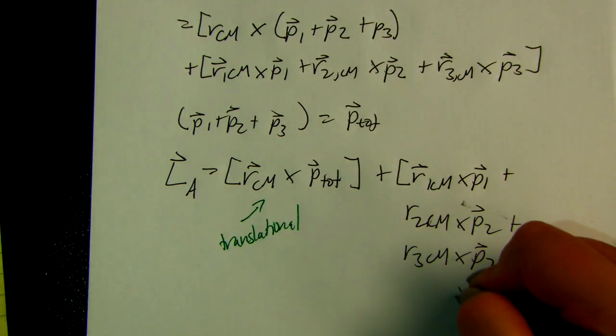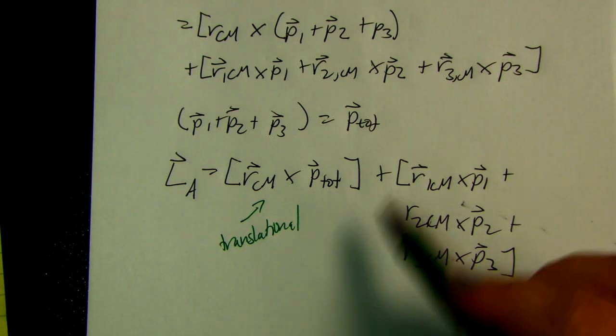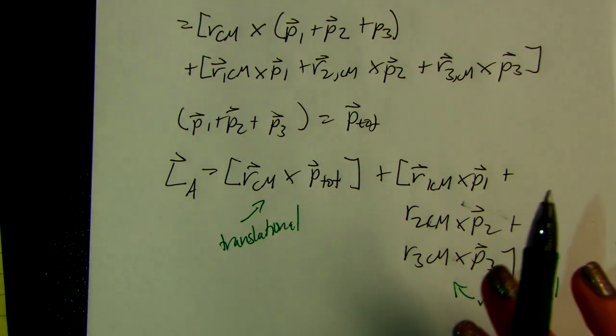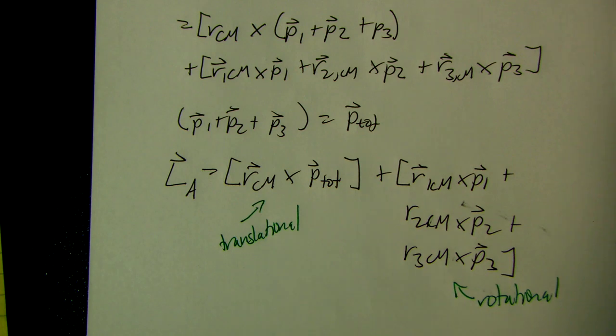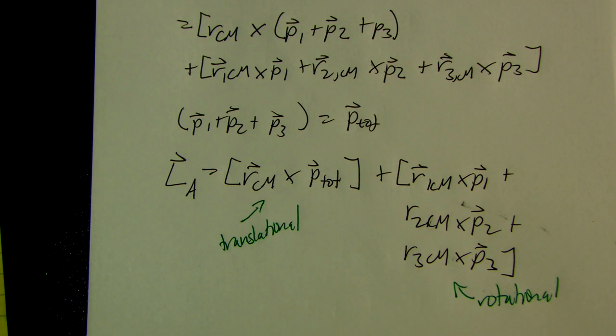And this side is rotational. So this is going to be the center, or all of the parts going around the center of mass. And so this is the breakdown between that, that's our expression for angular momentum.